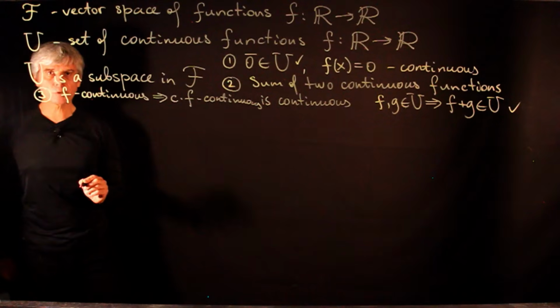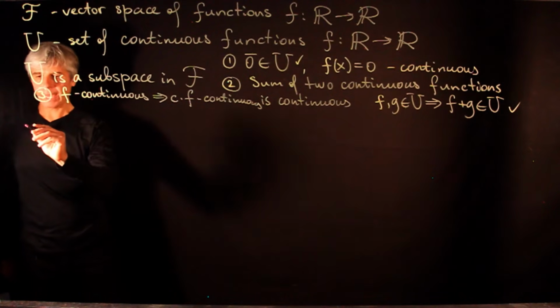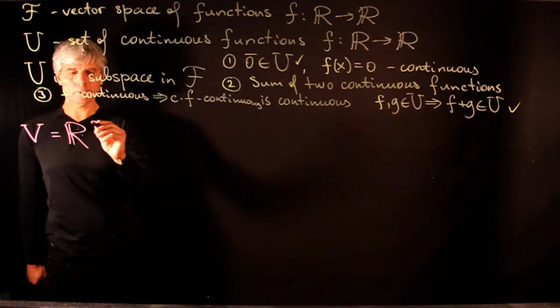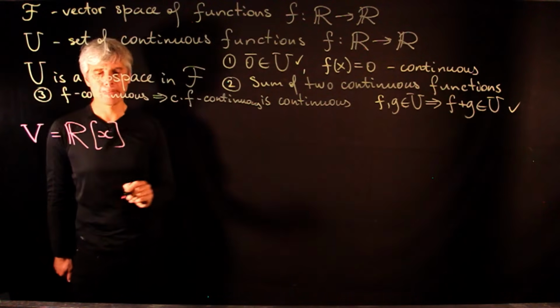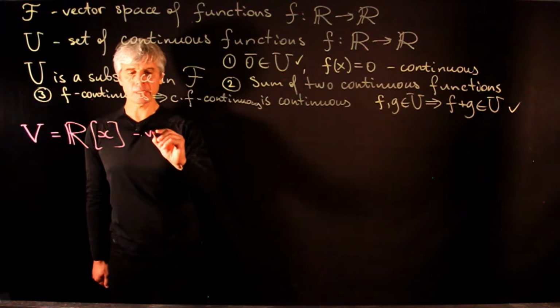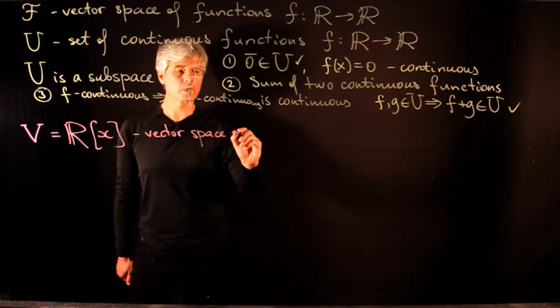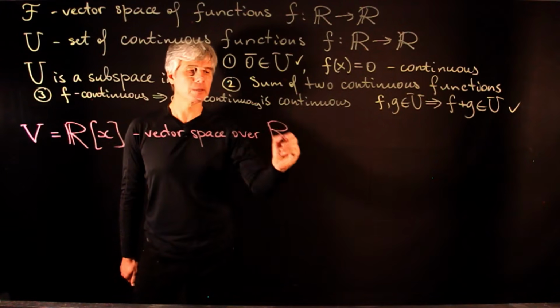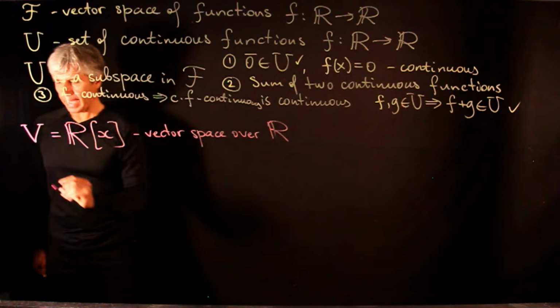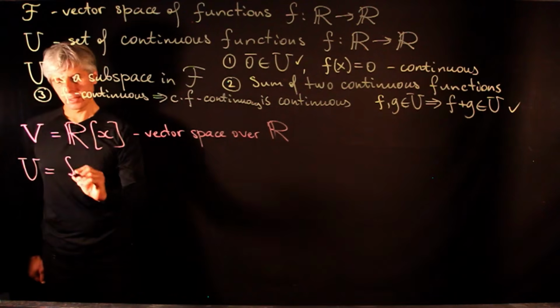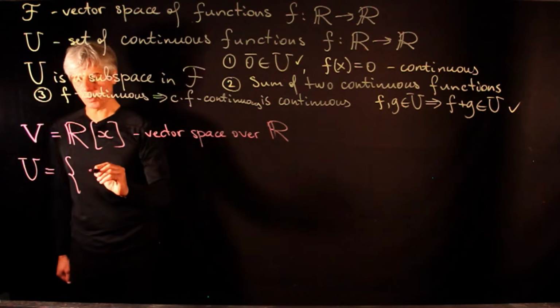And now let's come back to polynomials. So now, as a vector space, let's take polynomials R of x. So this is a vector space over the field of real numbers. And as a subset, let's take polynomials of degree at most 2.